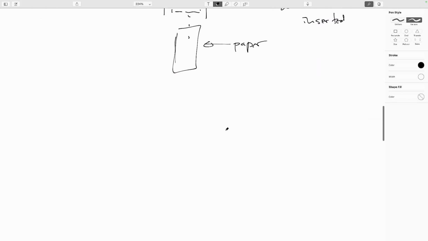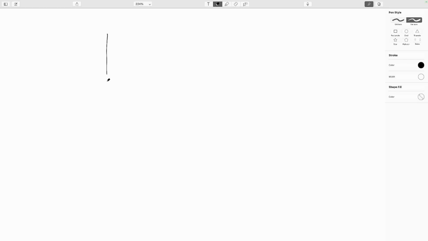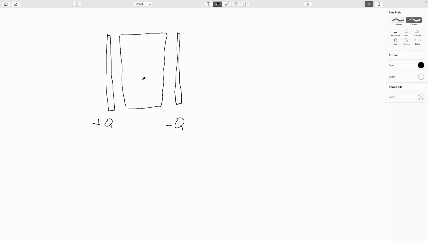Now we can argue this maybe a little differently. So again, here I'm just going to draw. Here's my plate plus Q. There's my plate minus Q, like so. And here I'm just going to insert my piece of dielectric material, paper, whatever. Now, what's going to happen here? This plate is positively charged. This plate is negatively charged, right?